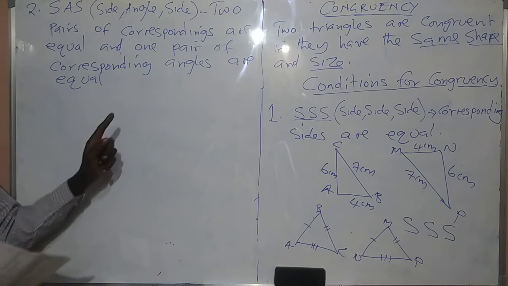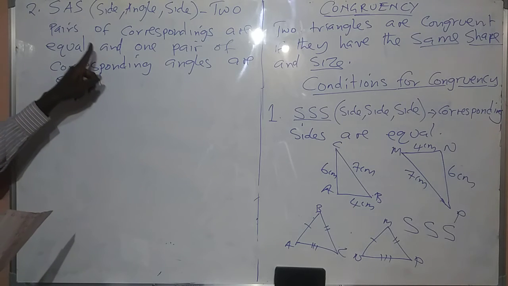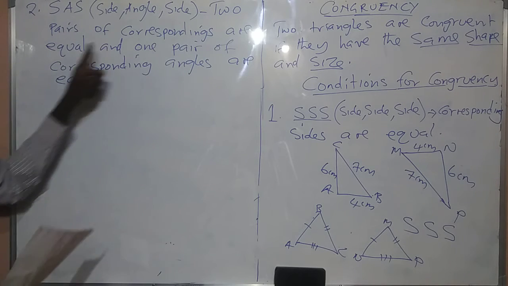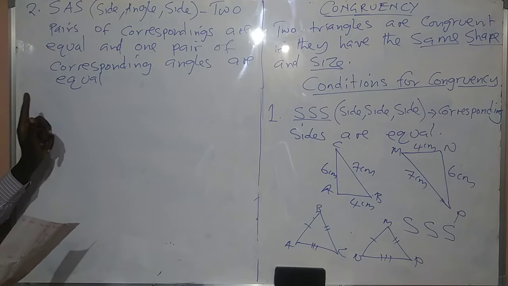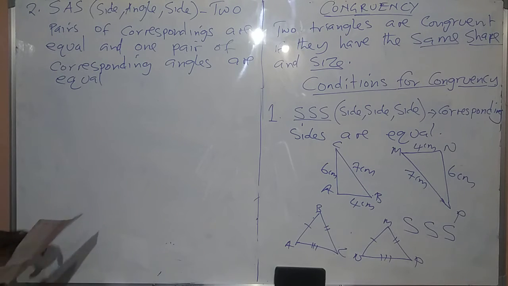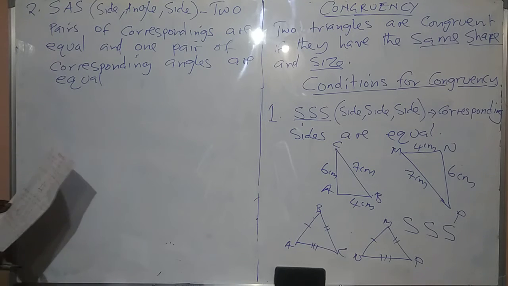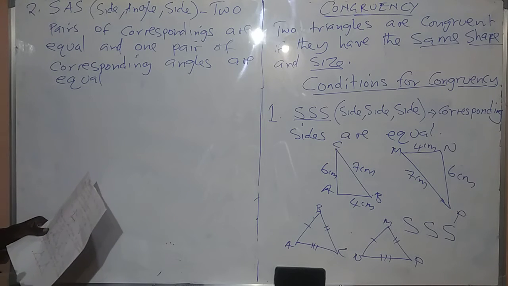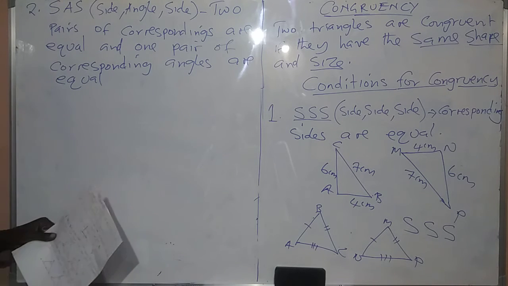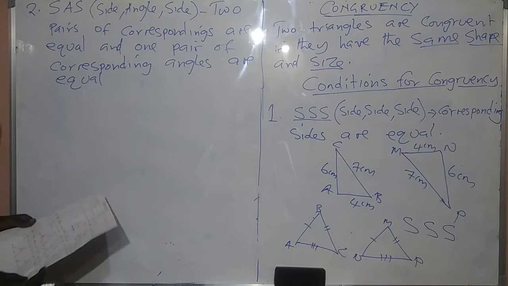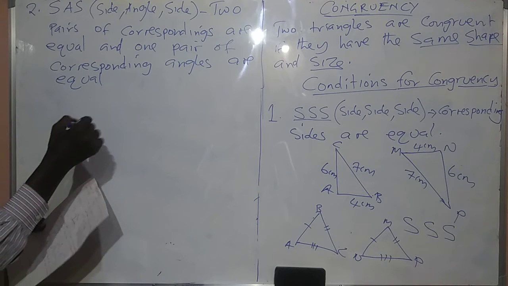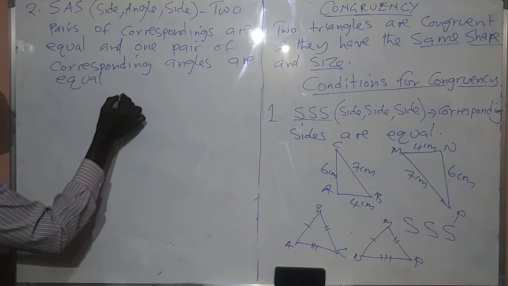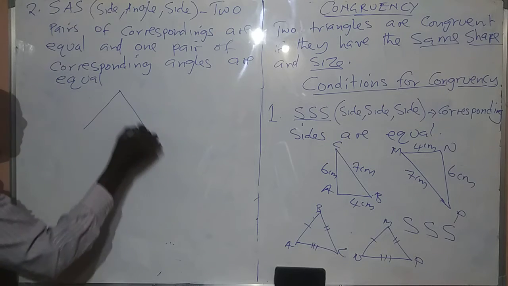So here we are saying two pairs of corresponding sides are equal, and then one pair of corresponding angles are also equal. Okay, so meaning when you say one pair of corresponding angles are equal, you mean one angle this side and another one, the two of them are equal. Okay, so here is a diagram that shows what we've just talked about. So a diagram that could look like this.